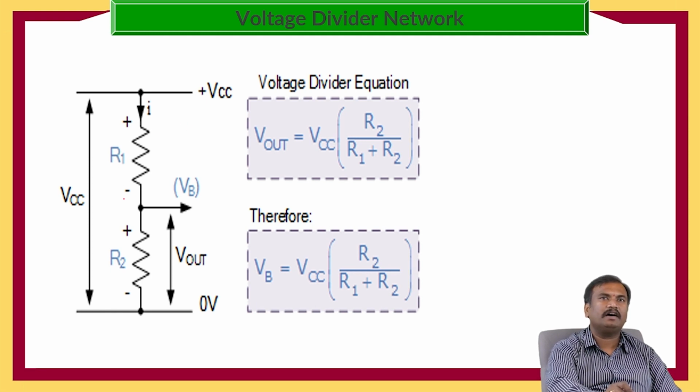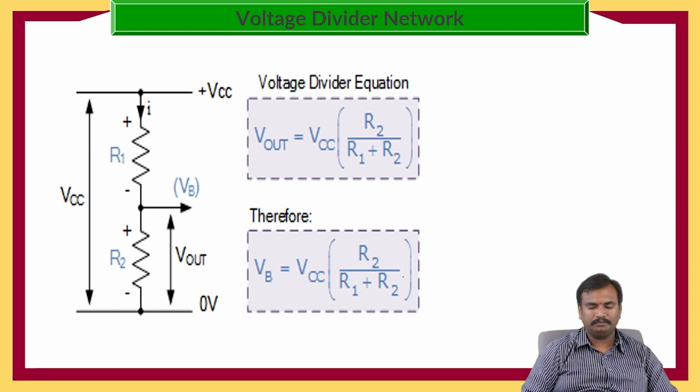This is R1 and R2. So the output voltage will be VCC into R2 by R1 plus R2. Therefore, VB is equal to VCC into R2 by R1 plus R2.